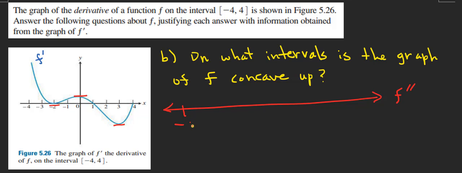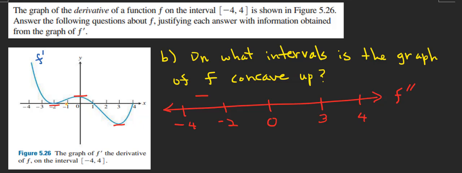So from -4 to 4, f double prime is 0 at -2, 0, and 3, because the slope of f prime is 0 at -2, 0, and 3. Now, what's happening from -4 to -2? F prime is decreasing. That means the slope of f prime will be negative, and the slope of f prime is f double prime.